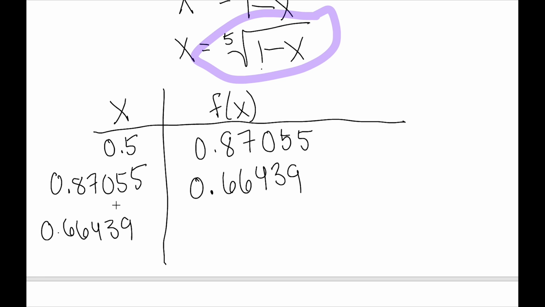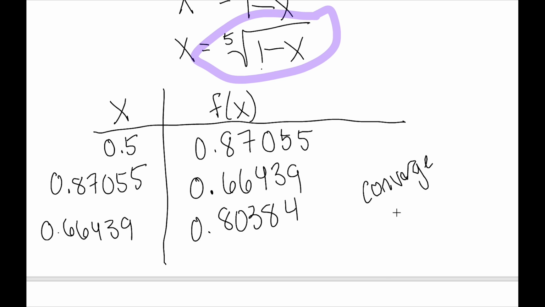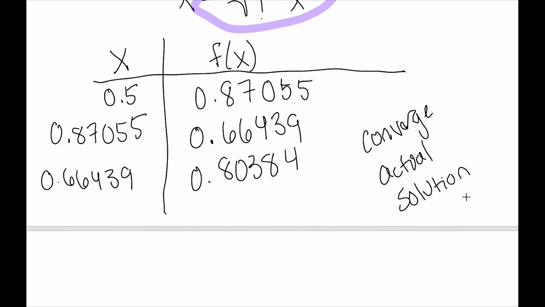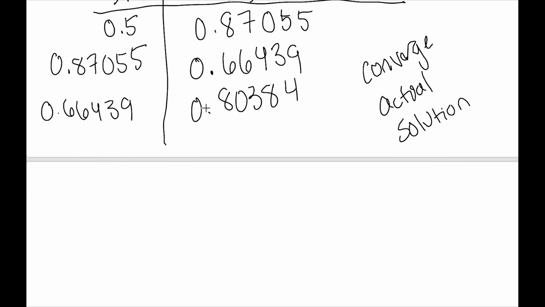Go back up, select your equation again. Now, as we keep doing this, the numbers will converge or get closer to the actual solution. So we have to keep going until their 1 or 2 sig figs are the same.